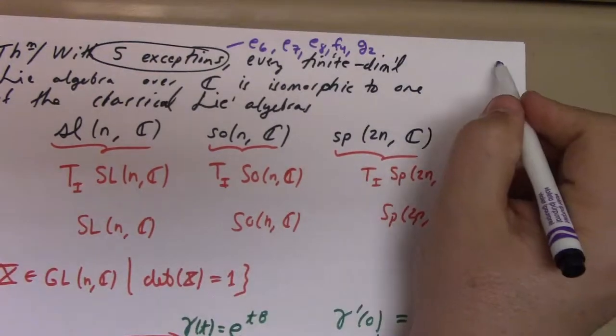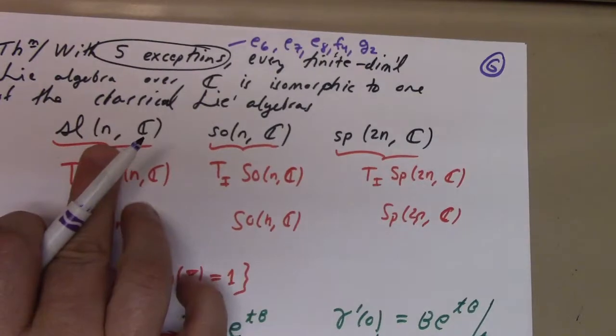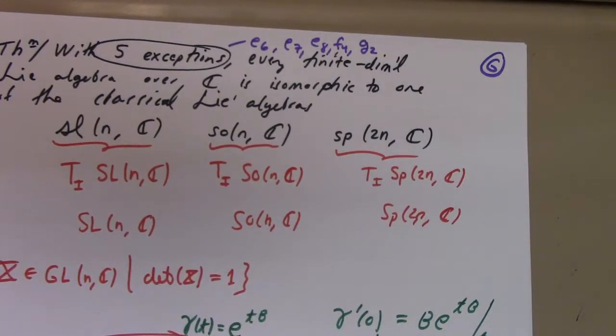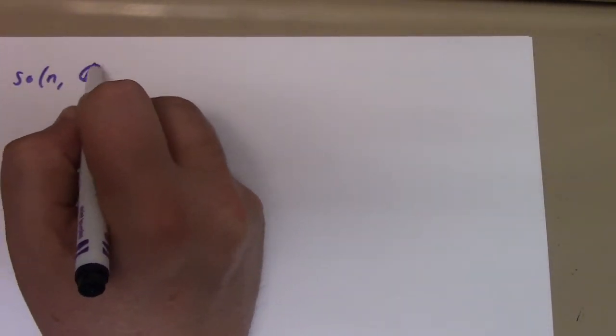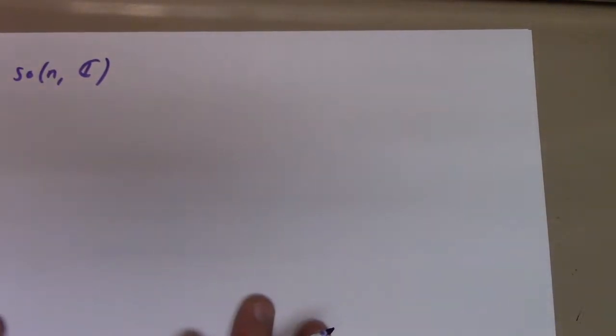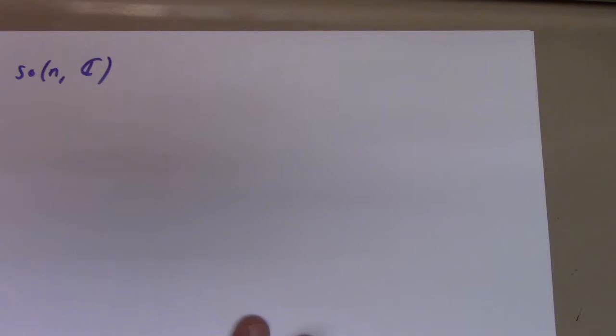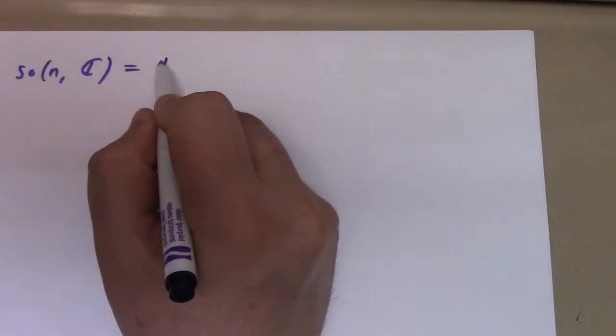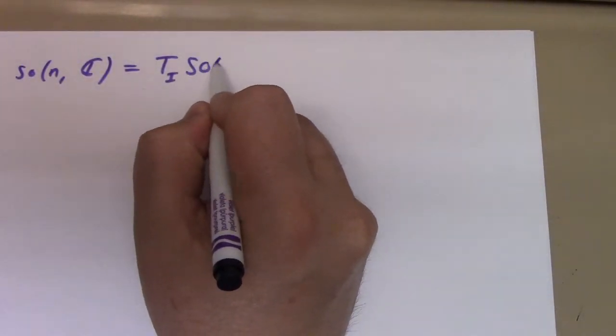So anyway, we already know SLN is the traceless n by n matrices. SO, this SON, see the other kind of simple... the algebra, allegedly, I'm telling you, is equal to the tangent space at the identity of SON.